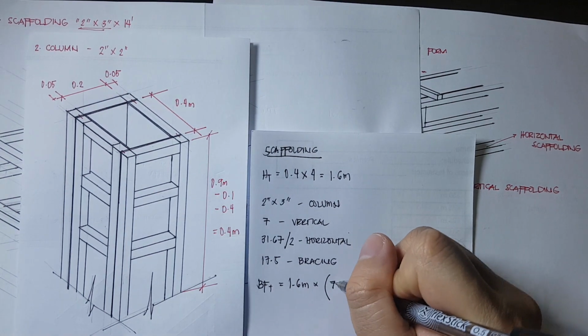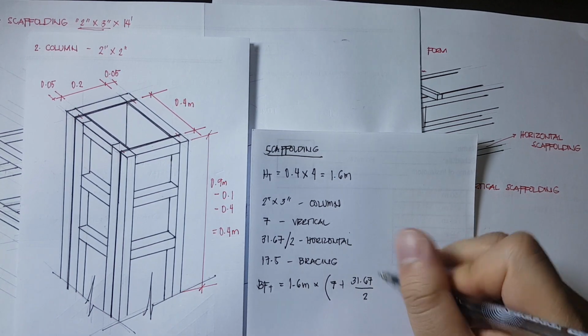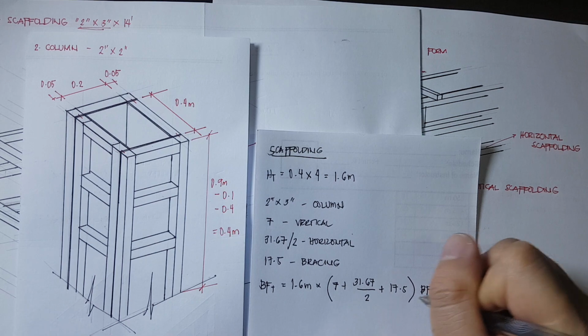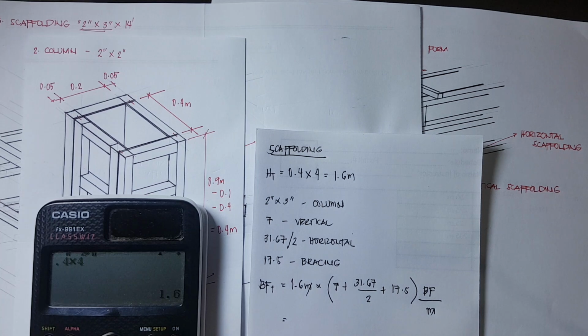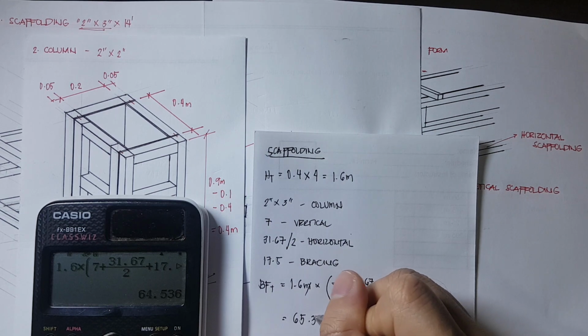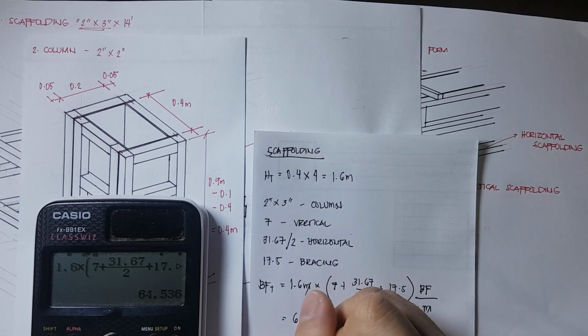That is 1.6 times 7 plus 31.67 over 2 plus 17.5. This is board foot per meter, so meter will simply cancel out. And that is 65.57 board foot.